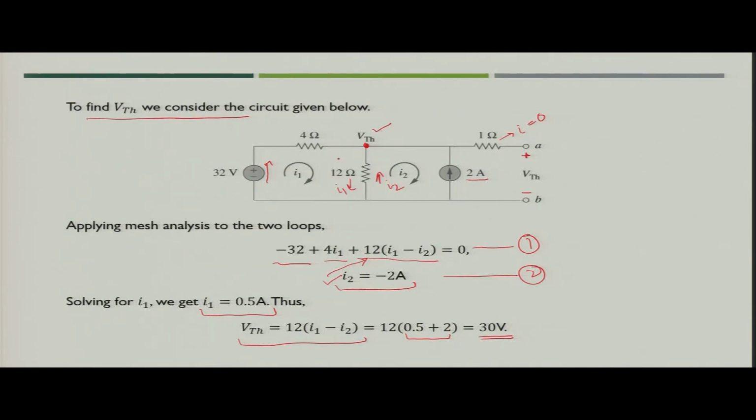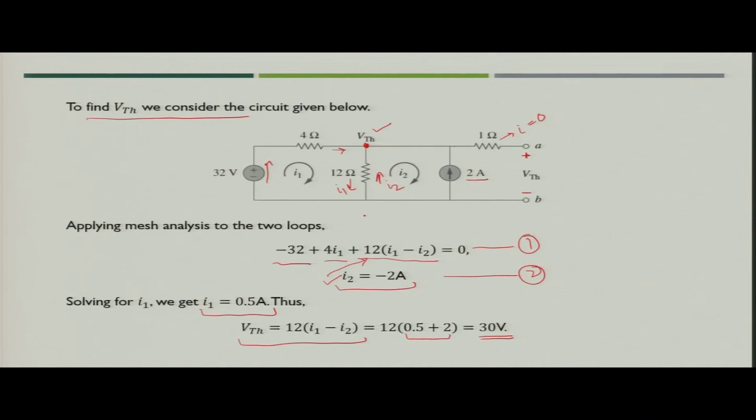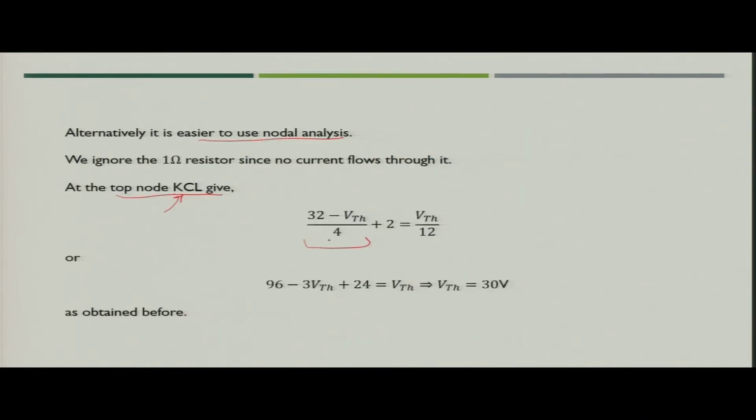You will simply see what are the various currents flowing into the node and equate it equal to 0, because the total sum of current at that particular node would be 0. So, what would be the current coming inside from left? That would be 32 minus VTH divided by 4 ohm. So, you have got the first term of the equation.